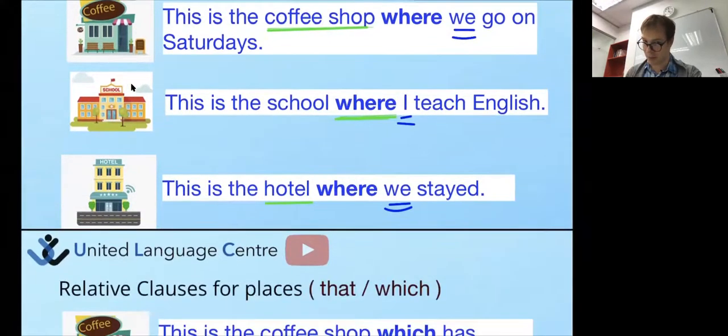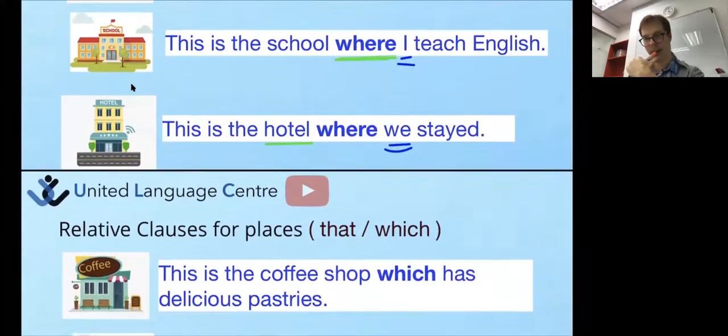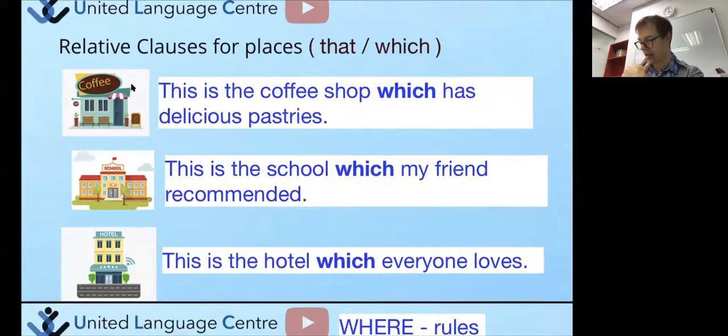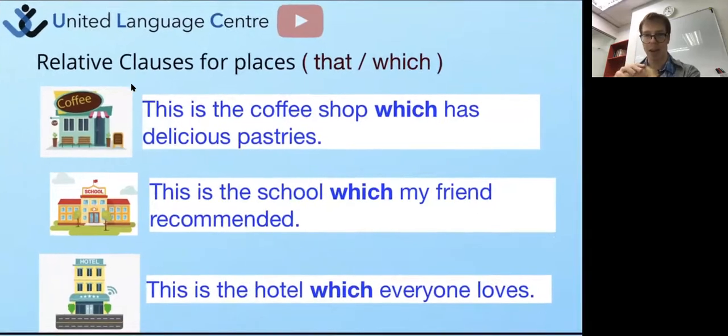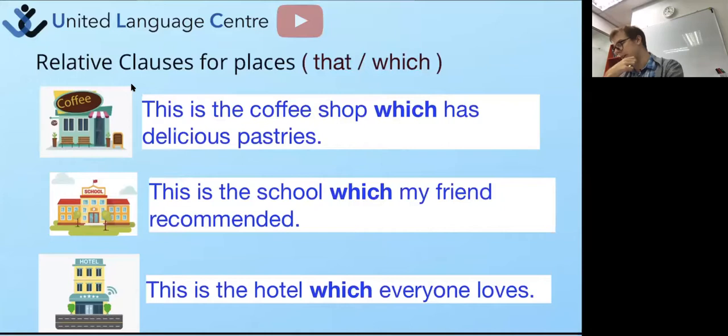Some of you say, but what about that and which? Actually, for places, we can also use that and which. So let's look at this pattern. Here's my coffee shop again: the coffee shop, the school, the hotel. This is the coffee shop which has delicious pastries.